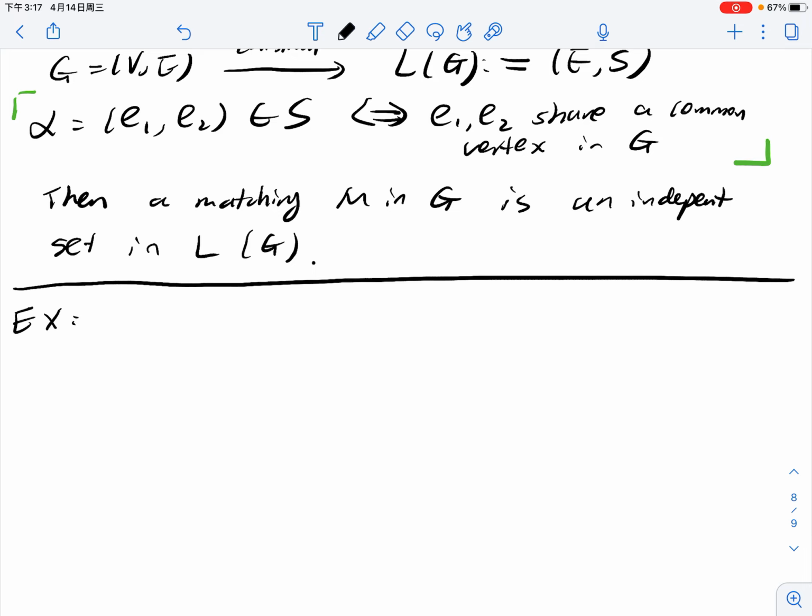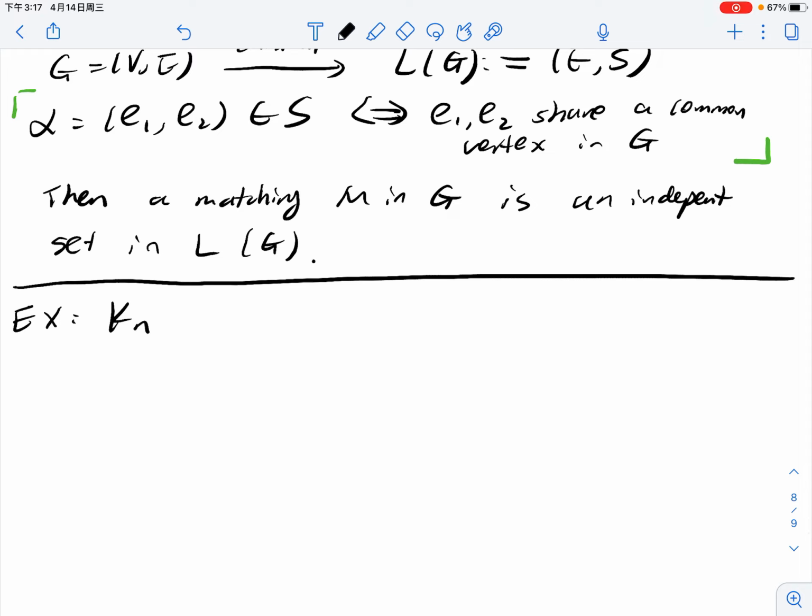Okay, and the example, so let's compute the matching number for Kn. So Kn has a perfect matching if and only if n is even. It's not hard to prove this.